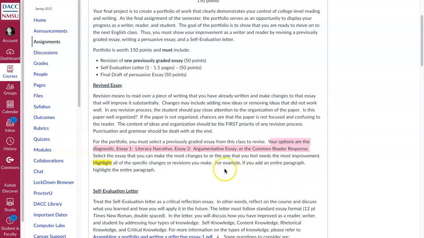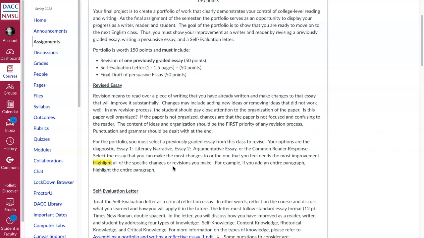And it is very important that whenever you write this revision, you don't have to change everything, like I said. You just have to change the things that you feel would improve the essay substantially. And it's important that you highlight all the changes that you make. So if you add an entire paragraph, if you add a whole page, go ahead and highlight the entire page.